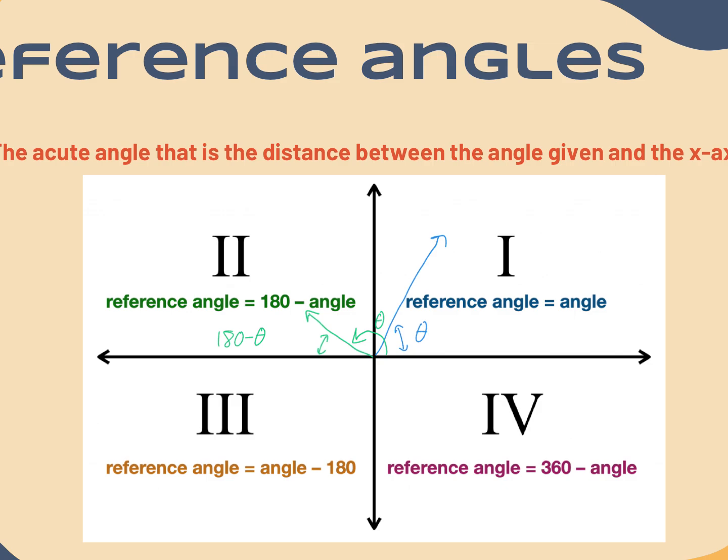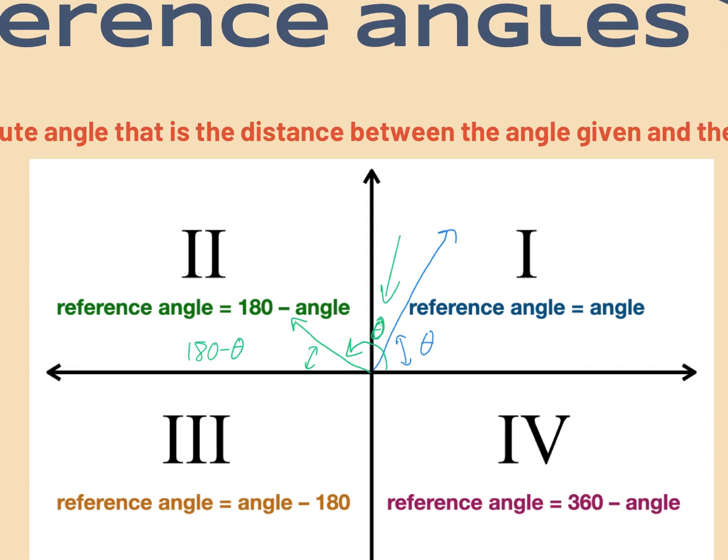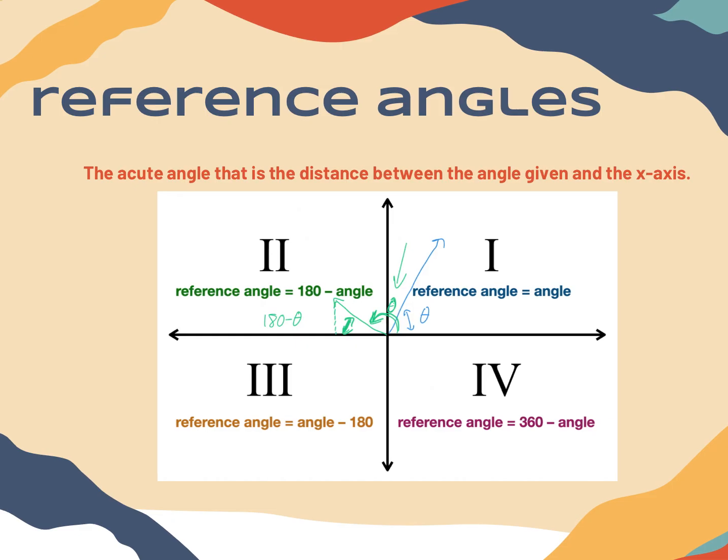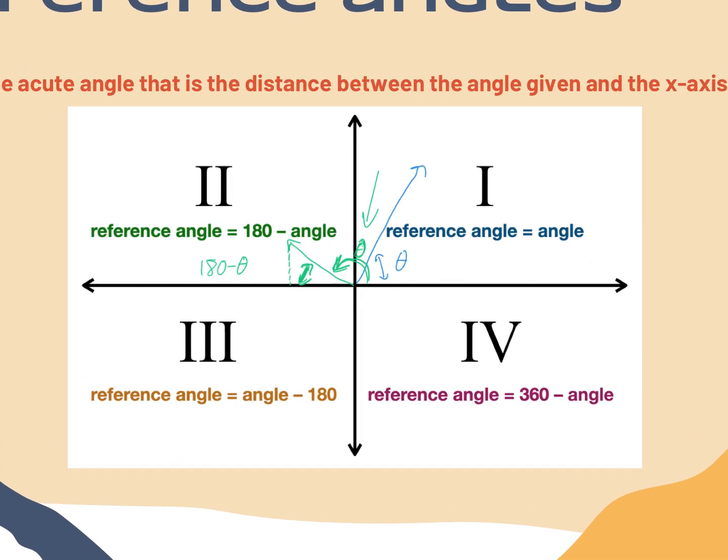Because notice, if I try to make a triangle using this as my angle, that's not really going to make a right triangle. But this angle right here, this little space, is going to make a right triangle, which is a little bit easier to do than if you were to use the original angle. So there's ways to make these problems a little bit easier, and reference angles is one way.